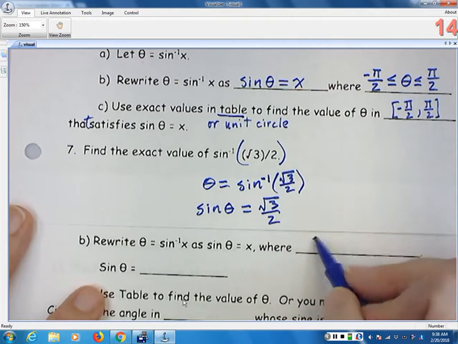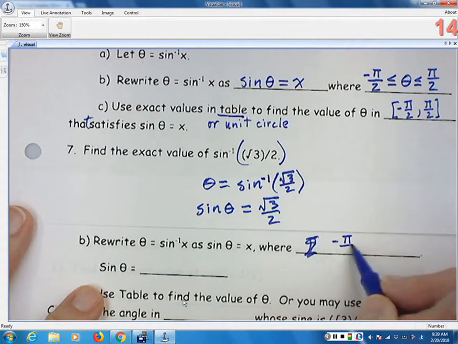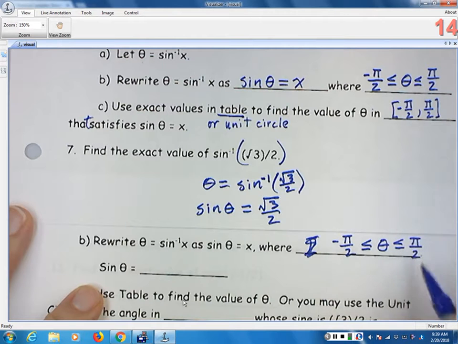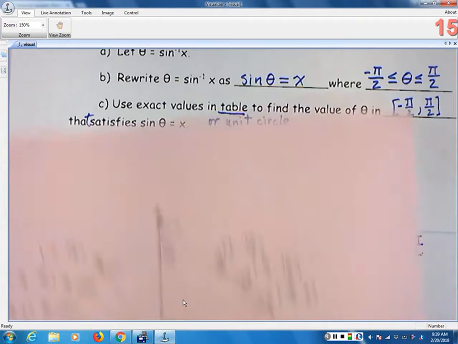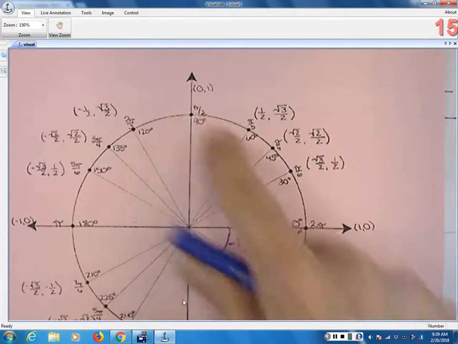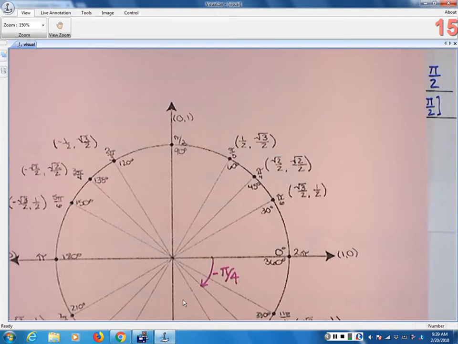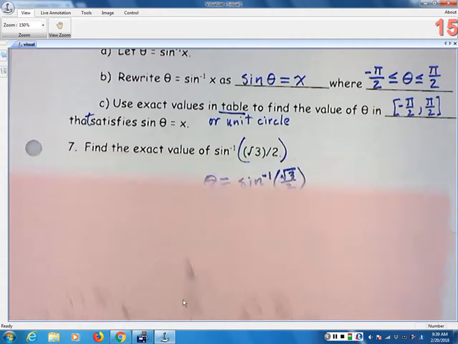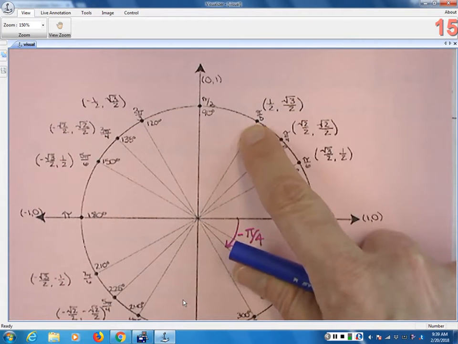And remember, theta has to be between minus pi over 2 and pi over 2. So look at our unit circle. Here's our unit circle, and minus pi over 2 to pi over 2 is here. Look at where sine, that's the y coordinate, equals positive square root of 3 over 2, right here. The angle is pi over 3.